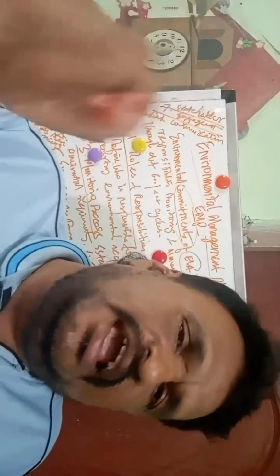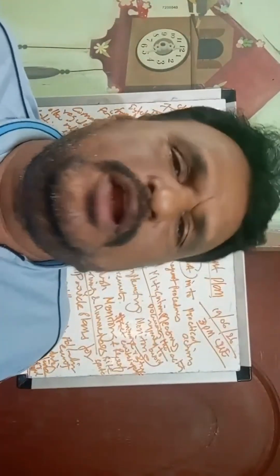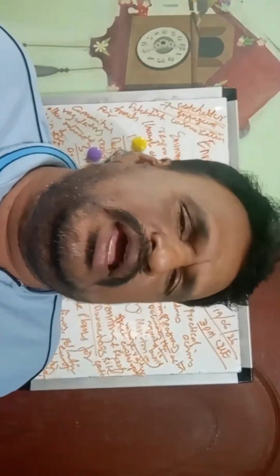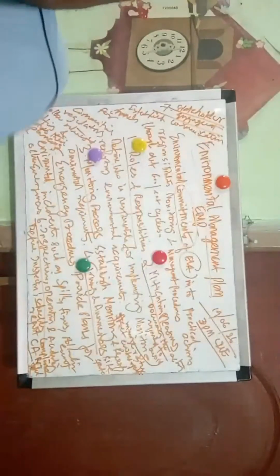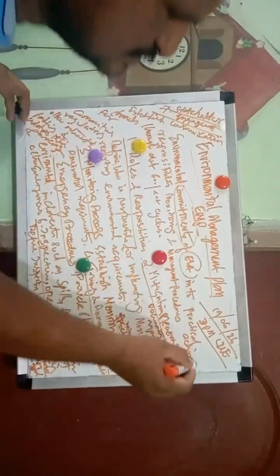Your EIA is already approved, but you have given the commitment to the Environmental Ministry, Pollution Control Board or EPA. For that commitment, you have to make the EIA into practical actions.